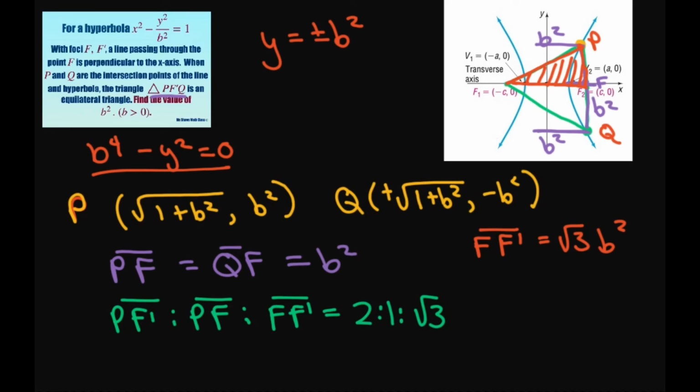And also we have 2 times the square root of 1 plus b squared equals square root of 3 times b squared.